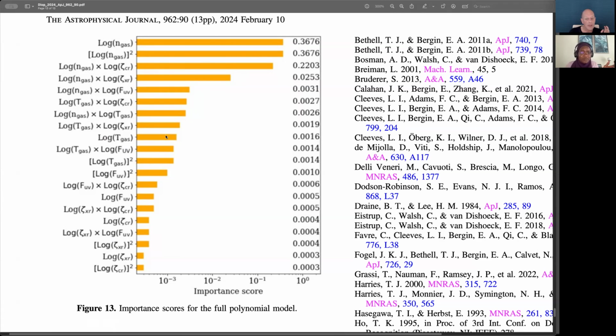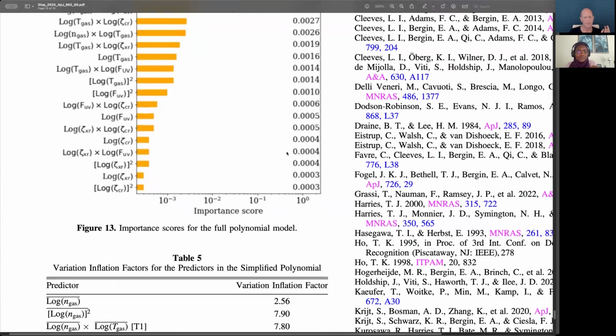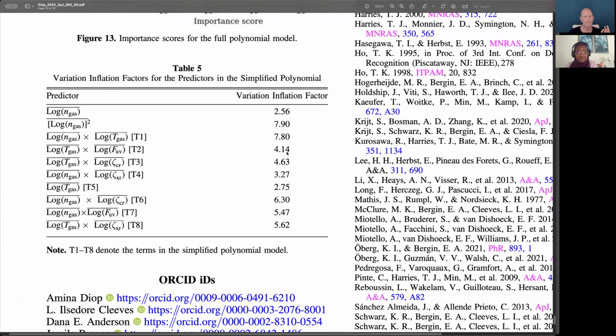When we include terms up to, I believe, T gas times the UV field, the next one is when we stop having multicollinearity. We can see in the next table that all the variation inflation factors are below 10 when we use those 10 terms.